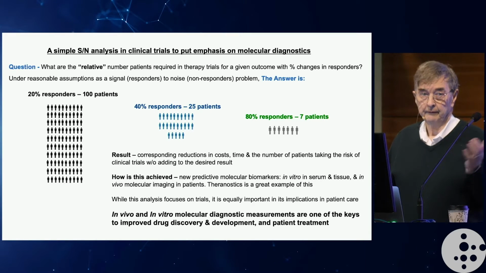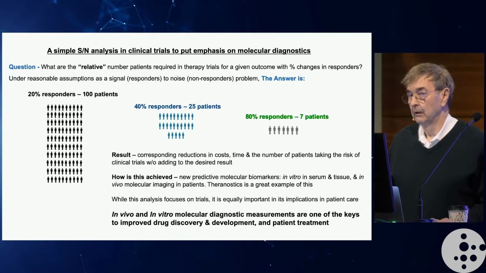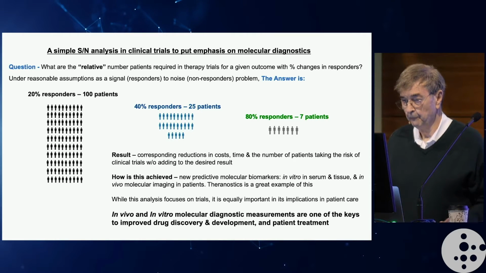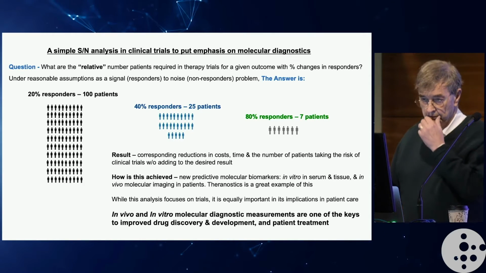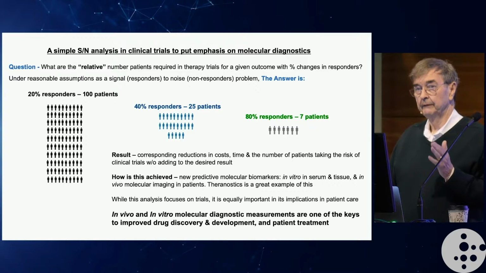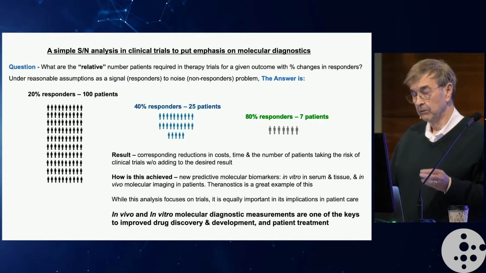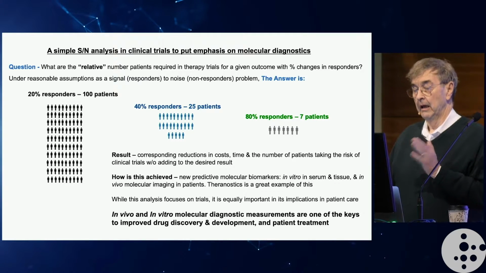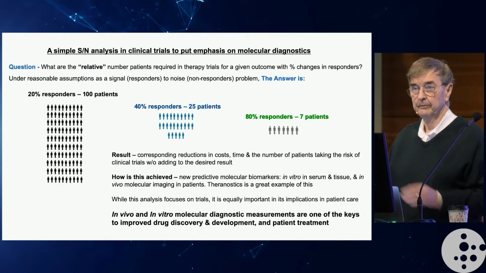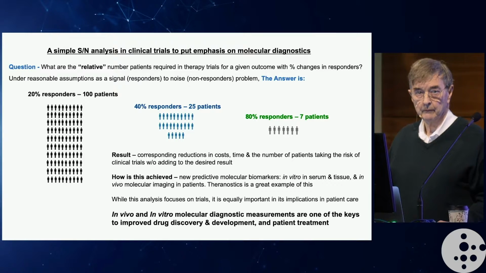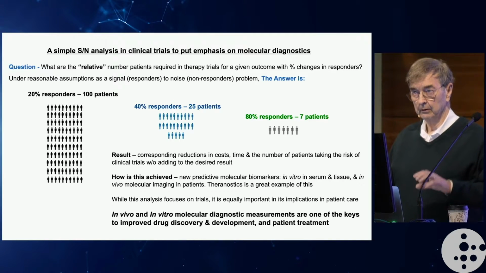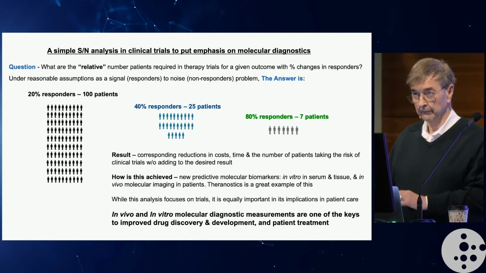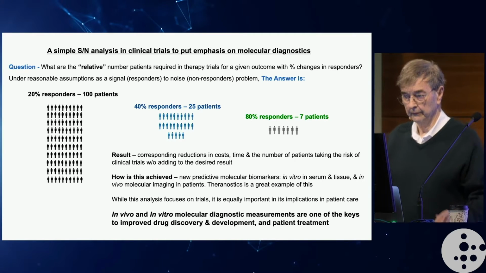Now, signal-to-noise, a very formal approach, is the power function. So I asked a very simple question. What are the relative number of patients required in therapy trials for a given outcome as you change the percent responders? So signal to noise, signal responders, noise non-responders, do the analysis.